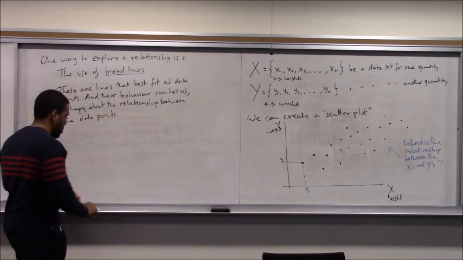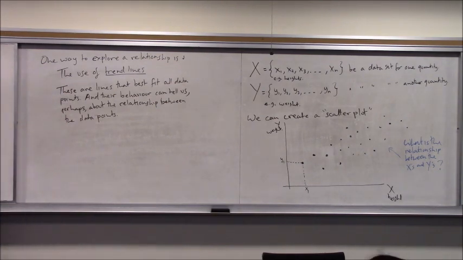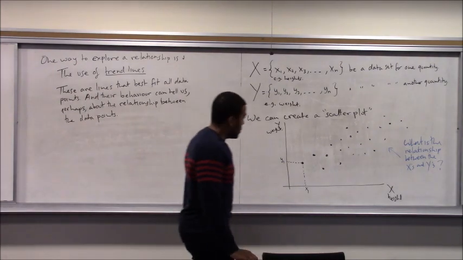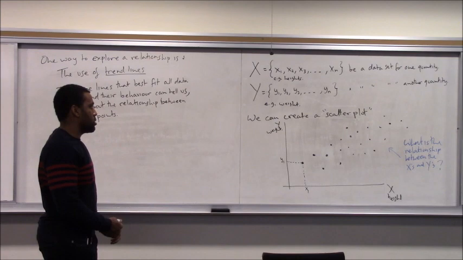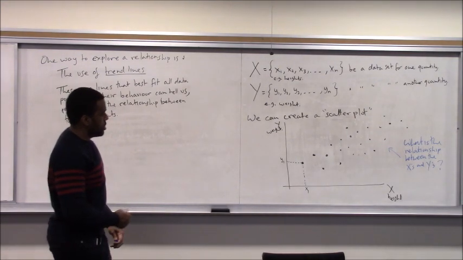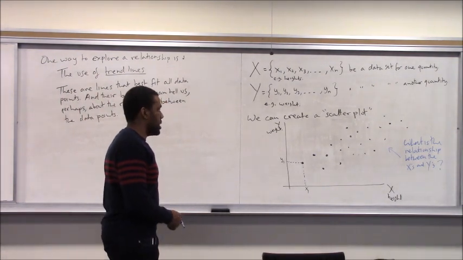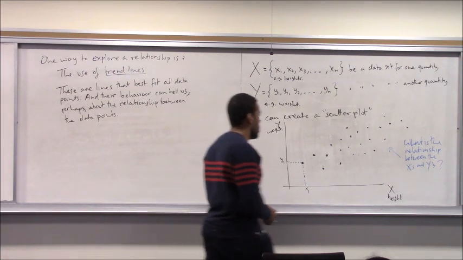So, for example, you might want to be able to draw some sort of line or curve that is the closest to all these points as we possibly can get, right? So you want the average distance between the line and all these points to be as small as possible.